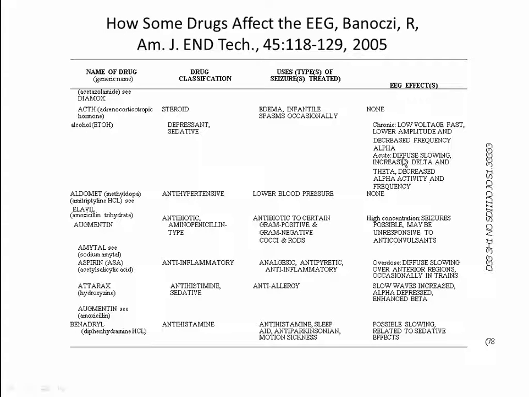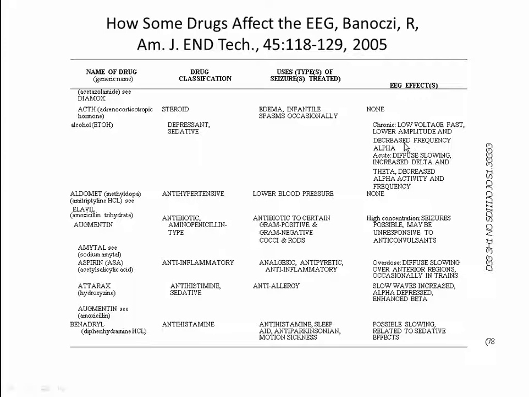a central nervous system depressant causing these kinds of more fast or increasing fast activity effects and decreasing the slower activity. In acute alcohol consumption or intoxication, we have generalized diffuse slowing, increased delta and theta. So that makes sense. But in the chronic consumption, we tend to have more of this low voltage fast pattern with lower amplitudes and decreased frequency of alpha.